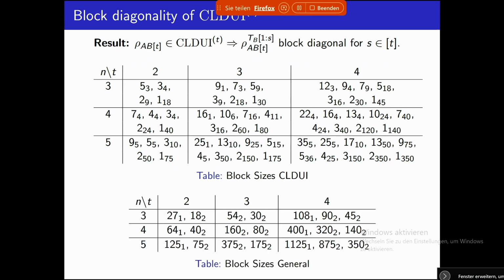We can now compare this to what the block sizes would look like if you don't exploit any additional structure. One can see that these numbers really are drastically lower than in the general case. I like to focus on the bottom right of this table, where in the general case the biggest block is of size over 1,000, and this reduces to a block of size 35.